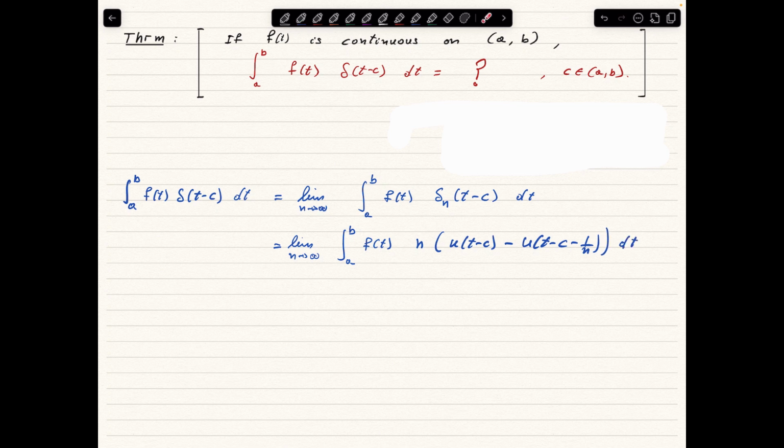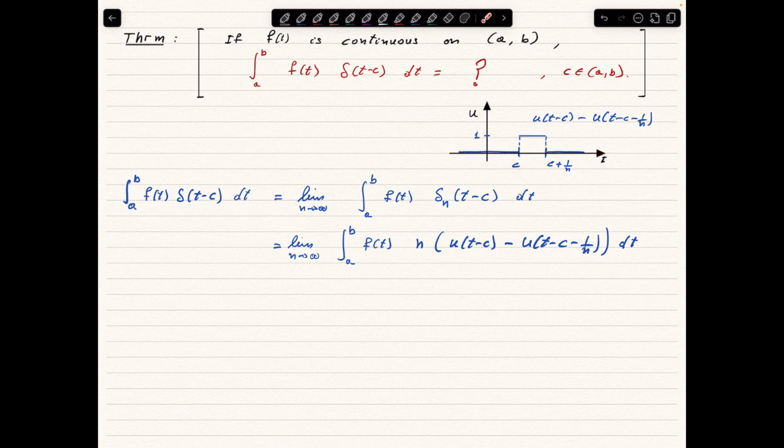So that is what we need to use for delta n shifted by c. Notice that I have a little graph here of this function. This function is the same bump function we were using, but between c and c plus 1 over n. So notice that this function is 0 up to c, and is 0 after c plus 1 over n. And in between, it takes value 1.